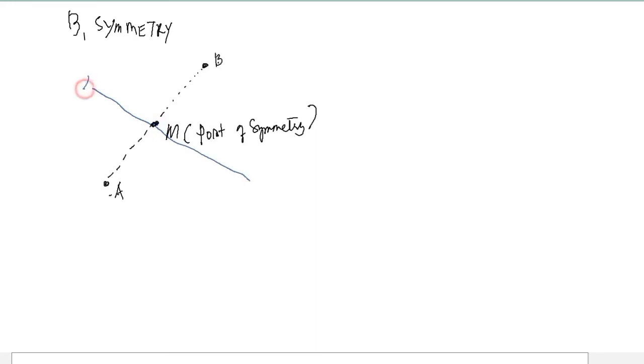Pangalanan natin tong line L. Yan. With respect to line L, si point A and si point B ay symmetrical with each other. So, ito ay tinatawag nating line of symmetry. Okay?